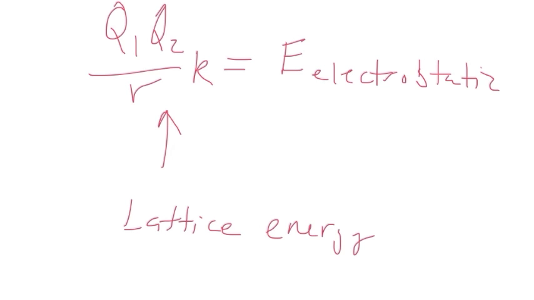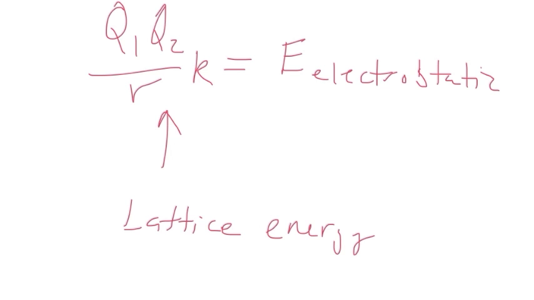The lattice energy is the energy of that bond. It's the interaction between the negative and the positive ion. It explains energetically why ionic bonding is pretty favorable. Does that make sense?